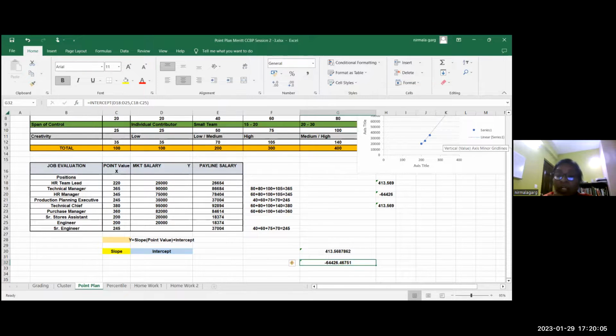Now that you have calculated slope value and intercept value, there's a formula for the salary of an HR team lead you need to give. The salary Y is equal to slope multiplied by the point value plus intercept. What is the slope value?